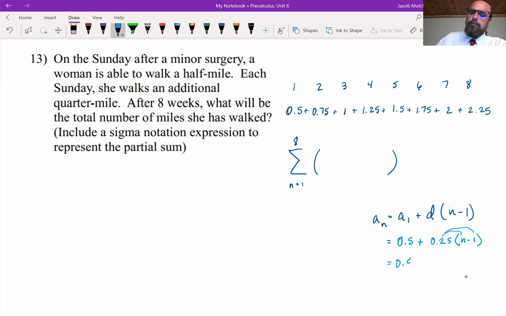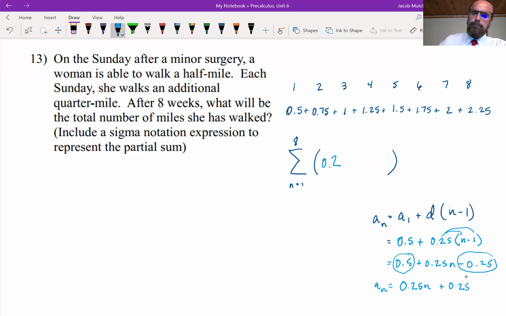That gives me 0.5 plus 0.25 n minus a quarter. And then I'll always have constant terms that I can combine. So this is ultimately going to become 0.25 n. 0.5 minus 0.25 is 1/4, so 0.25.